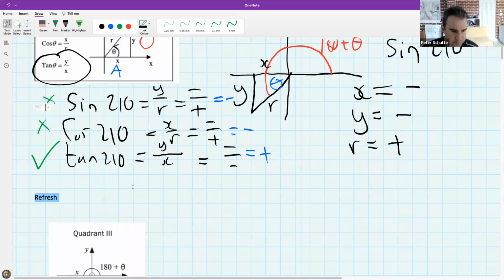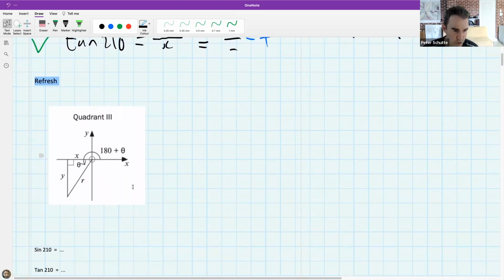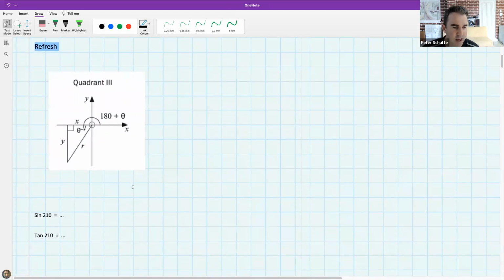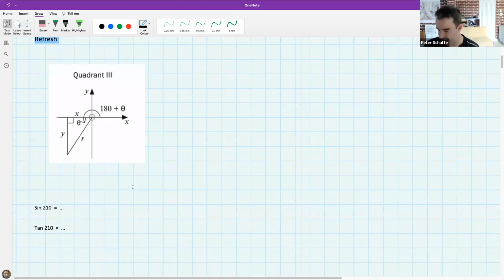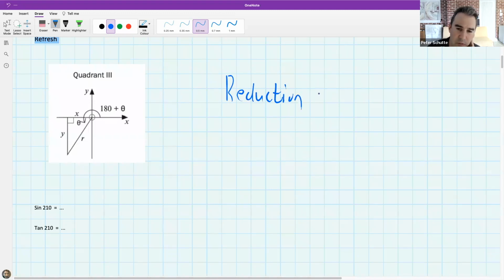So let's have a look at this drawing here. In the last lesson, I was teaching you how to use the reduction formula on things that are bigger than an acute angle. So the sine of 210 is an example I've got here. If you want to imagine what that looks like in terms of x, y, and r, the angle is going to be 180 plus theta.